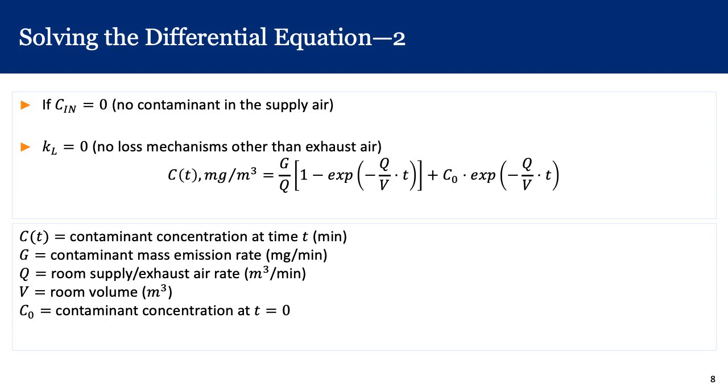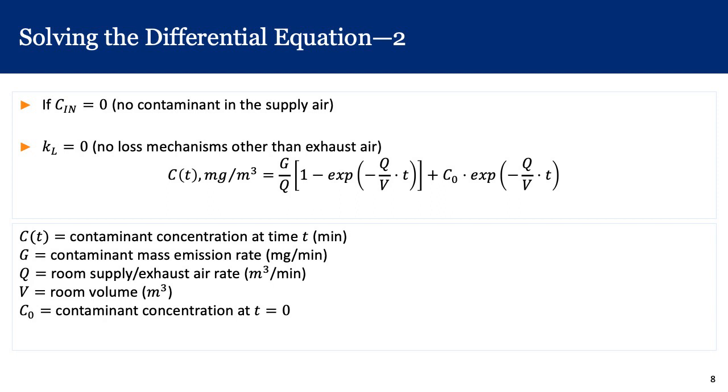But for our discussion here, it'll be a lot easier if we just use the main mechanisms that are adding and subtracting contaminants from the room air, which is the generation rate, G, and the exhaust flow rate, Q.